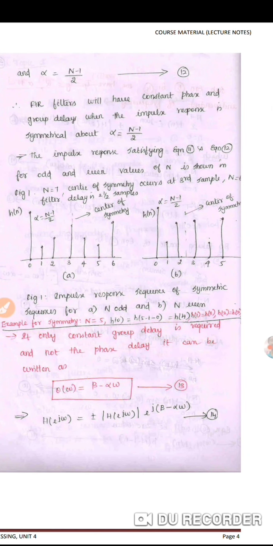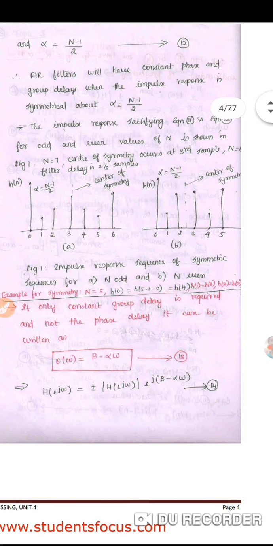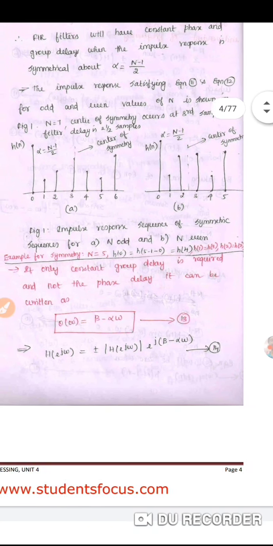If I take N is equal to 7, 3 is the center of symmetry, and we can calculate the center of symmetry by alpha is equal to N minus 1 by 2, that is 7 minus 1 by 2. And h of 0 is equal to h of 6.